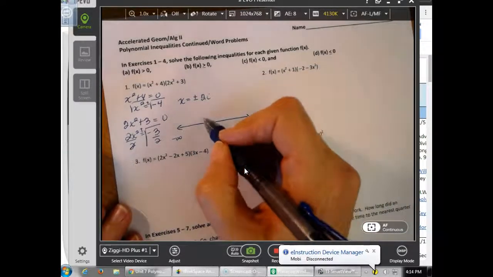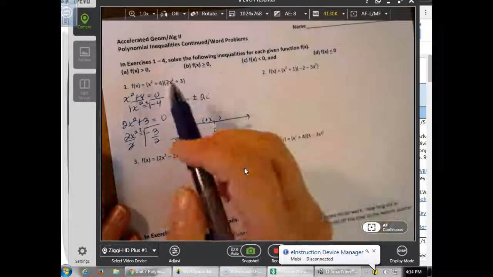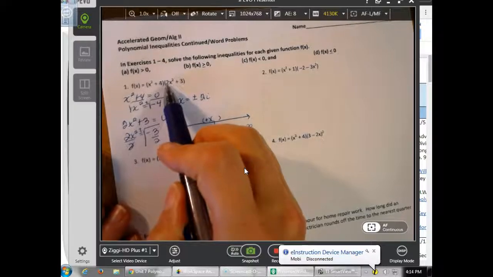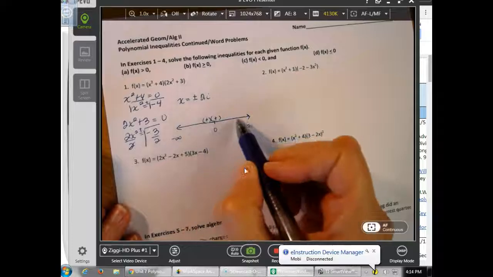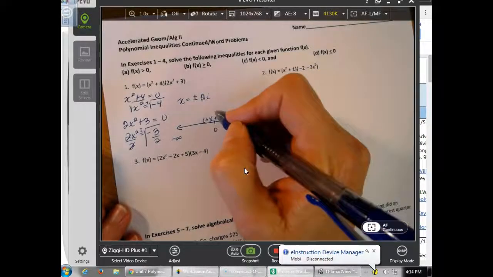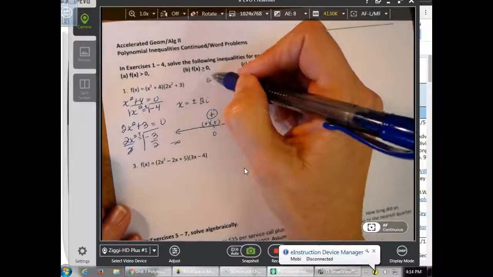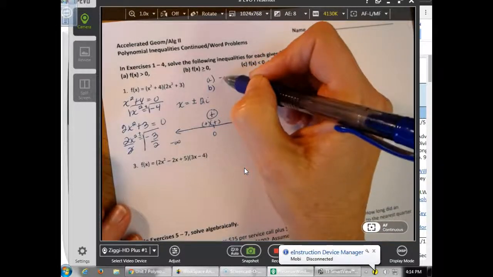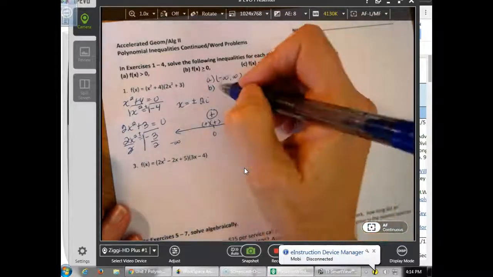So when I have 0, 0 squared is 0 plus 4 gives me a positive. 0 squared times 2 is 0 plus 3, another positive. So the entire interval of x's is positive. So when I answer A, B, C, D, A is every value of x gives us a positive y.